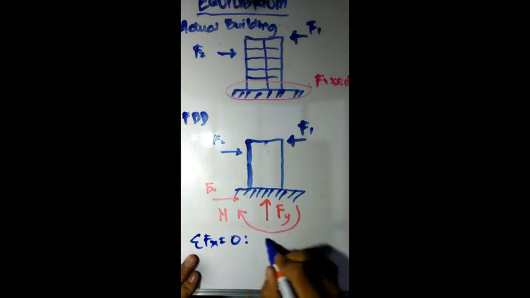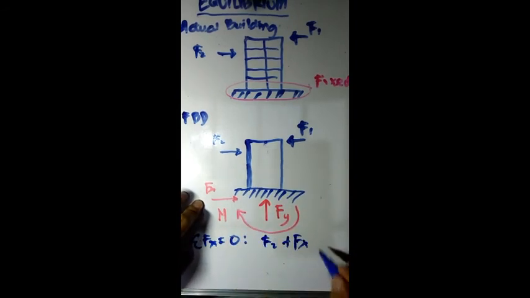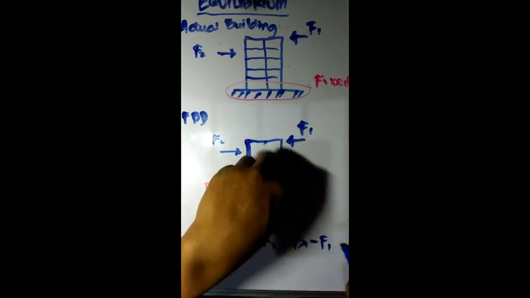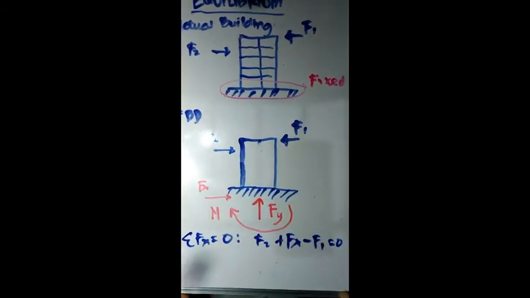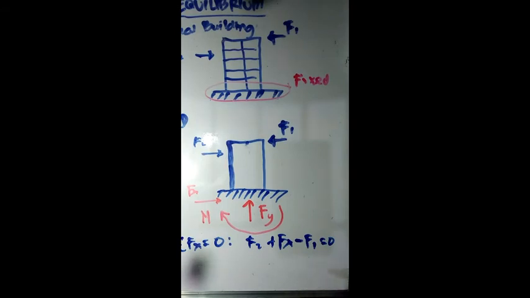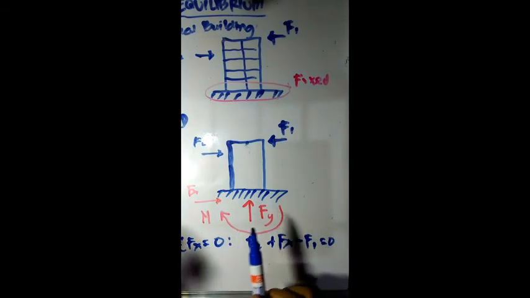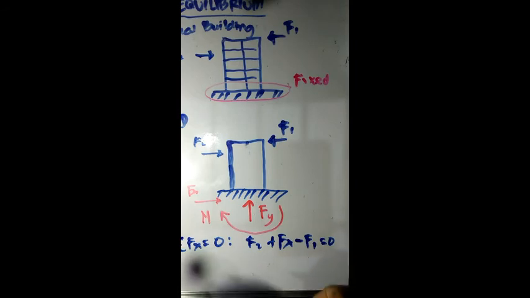So, meaning to say, si F2 plus si Fx, di ba, lahat to sa right, minus si F1 equals to 0. So, yan yung ibig sabihin natin kanina na equilibrium yung isang structure. So, sa mechanics, yung assumption natin sa mga x-axis na forces, yung lahat ng papunta sa right is positive, yung lahat ng papunta sa left is negative. Okay? So, yun yung assumption natin.